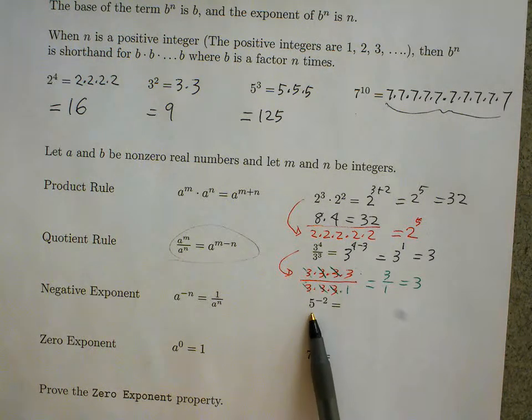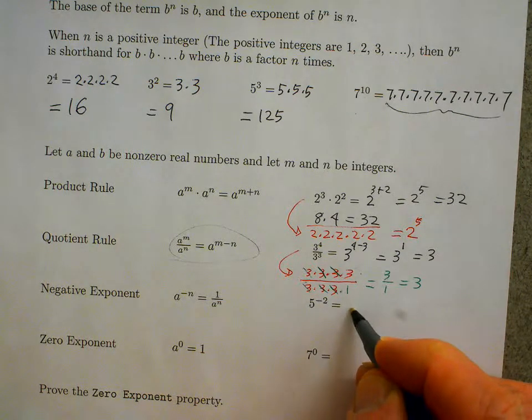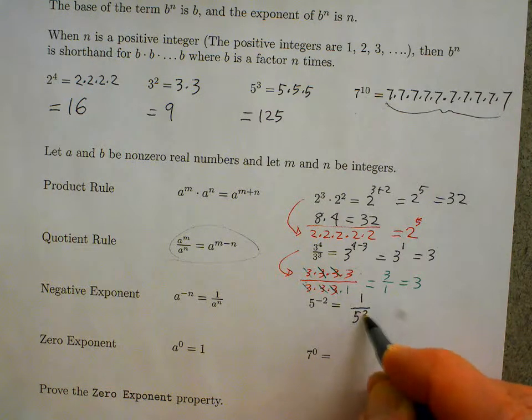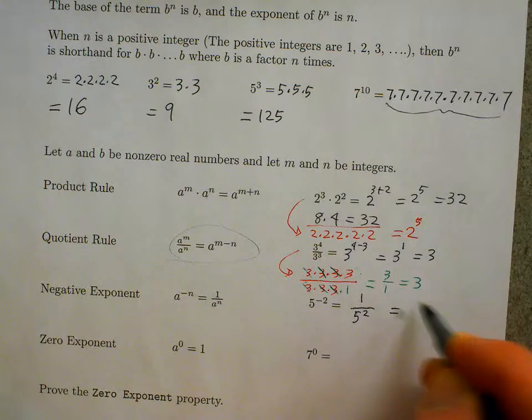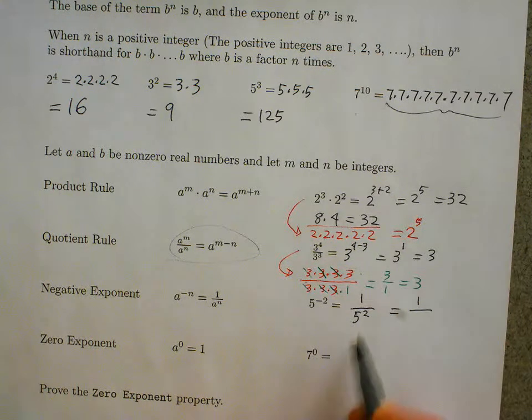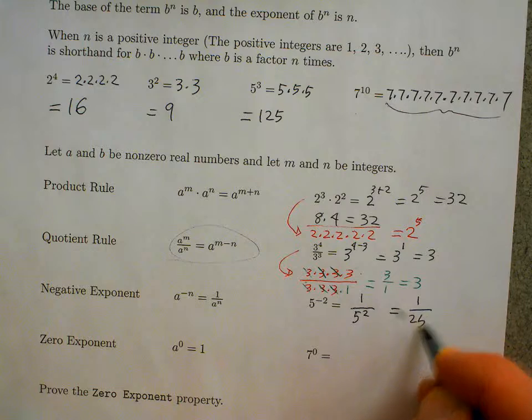Okay, here's an example. 5 raised to the exponent negative 2. First, we write it as 1 divided by 5 raised to the positive 2. And then 5 to the second is 5 times 5, so we get 1/25.